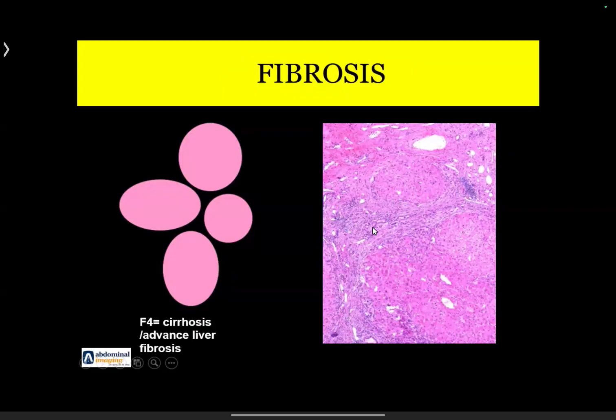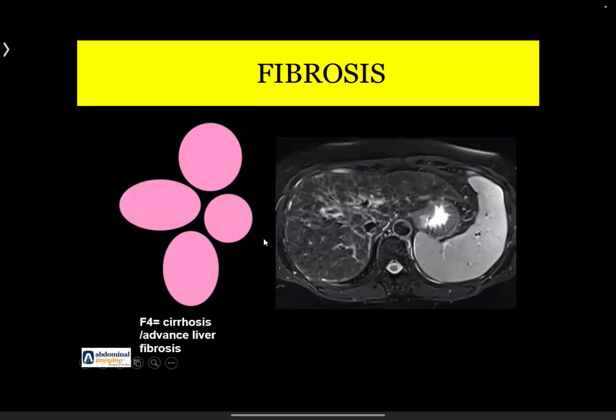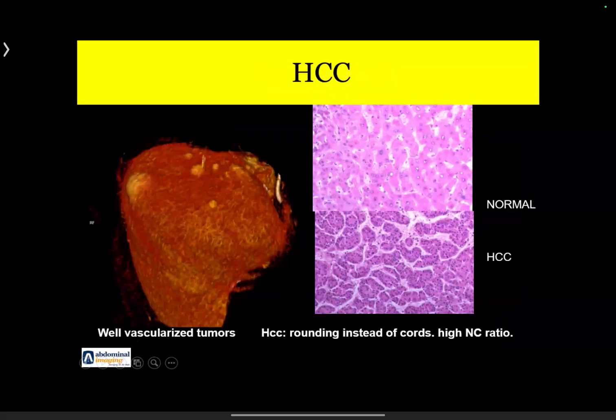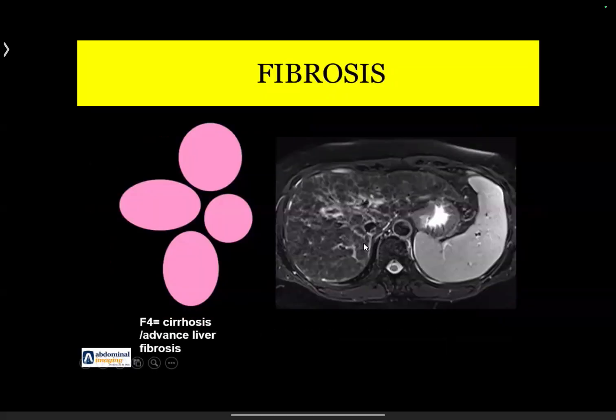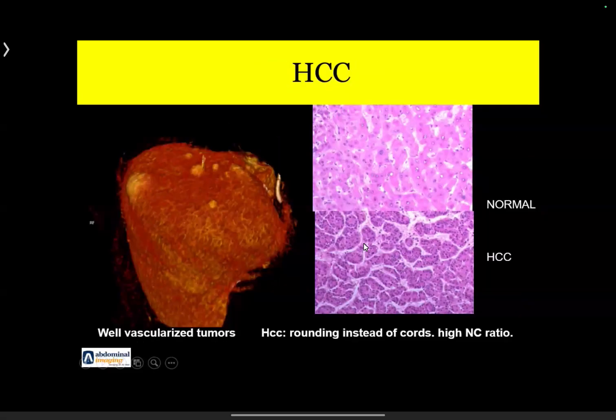The hepatocyte anatomy is distorted, and whatever is left between those fibrotic areas are called the regenerating nodules. And then there is conversion to HCC. You can see in the hepatocytes, the NC ratio is much higher, so many nucleoli you can see.